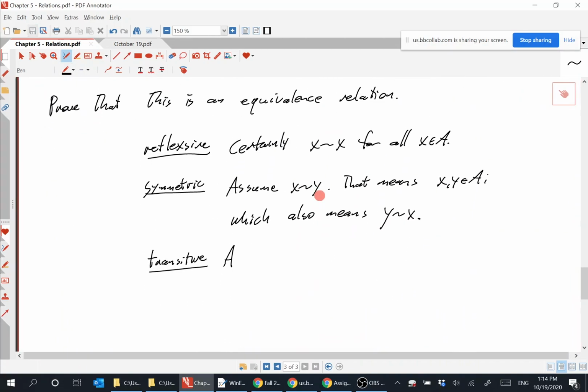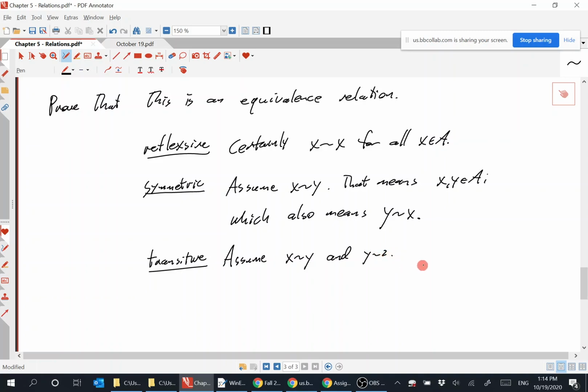All right, so assume x is related to y and y is related to z. This means that what? X and y are in the same block, AI, and y and z are in the same block, AJ. However, AI and AJ are disjoint if they're not the same. Right? So y is in AI, but y is also in AJ.